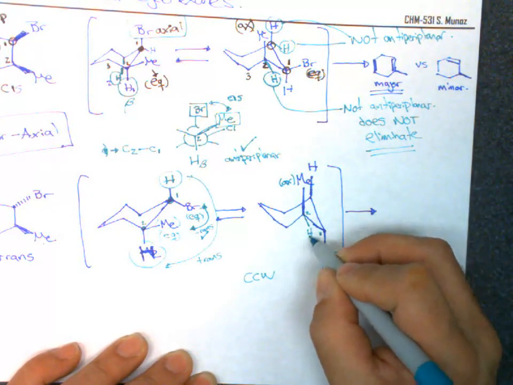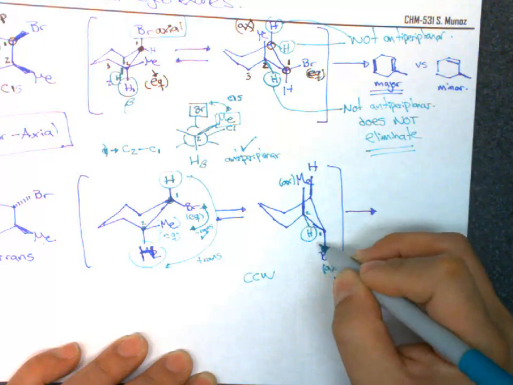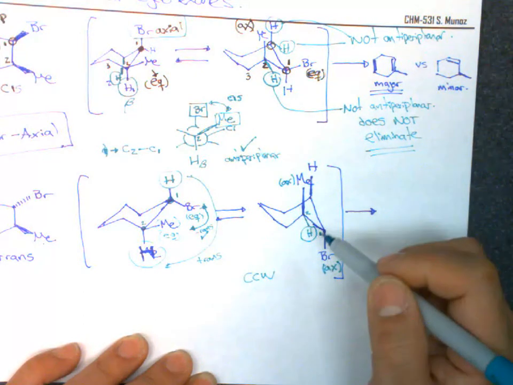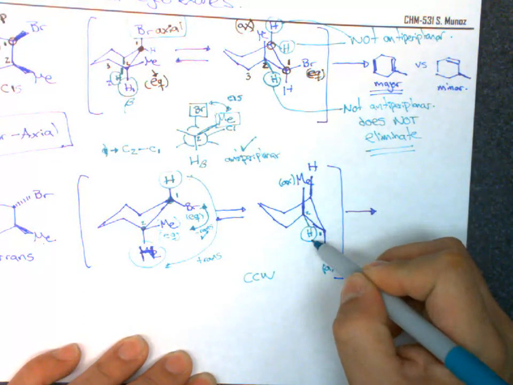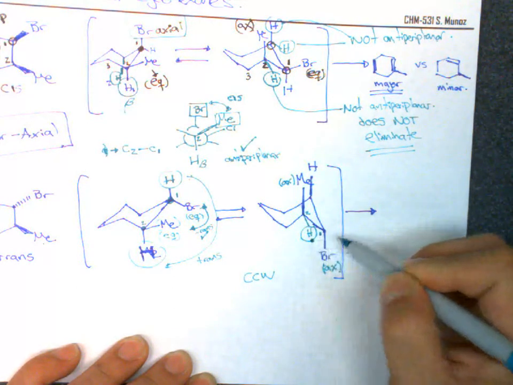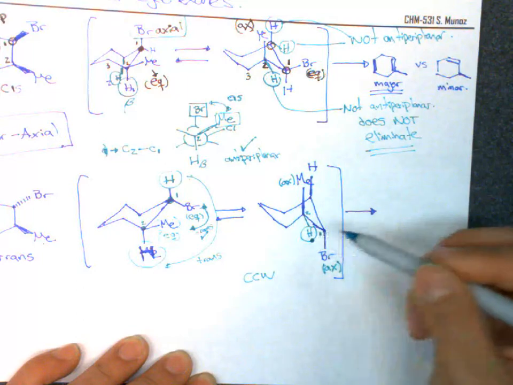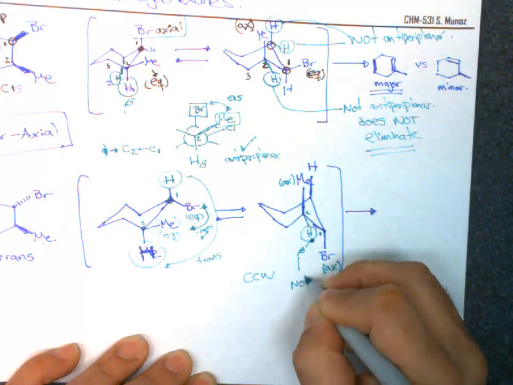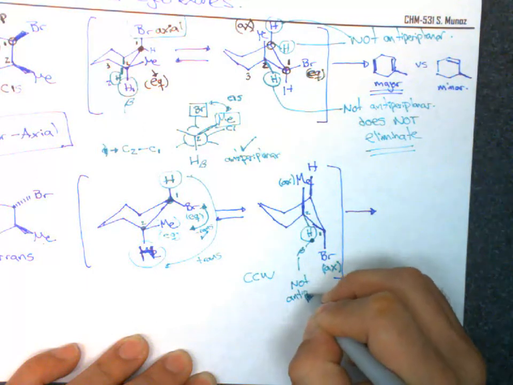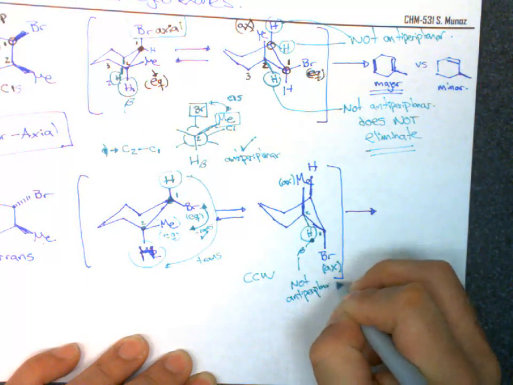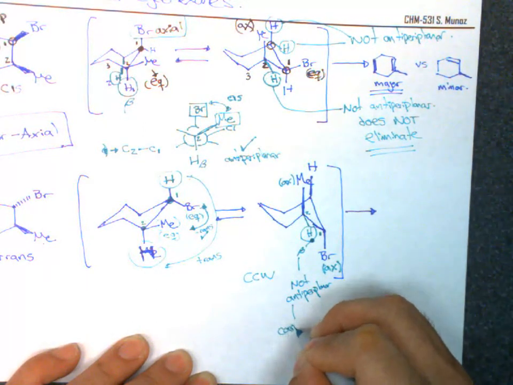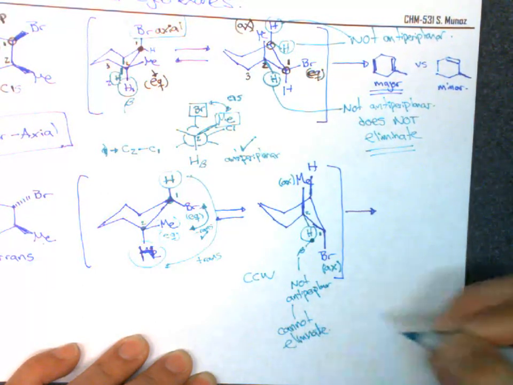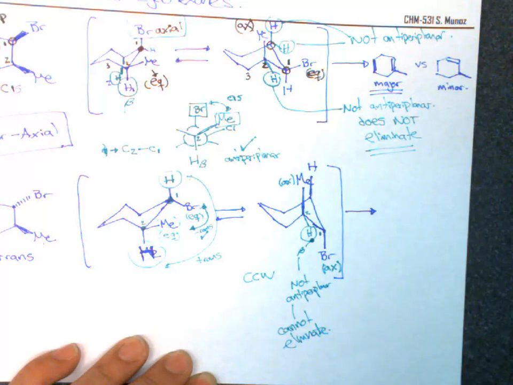So is this hydrogen a beta hydrogen or not? There's one right here. It is a beta hydrogen. It's in the beta position, right? This is a beta hydrogen, but it's not antiperiplanar. So it cannot eliminate, even though it's a beta hydrogen.